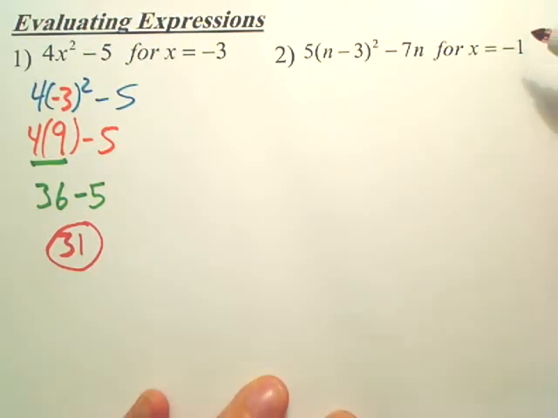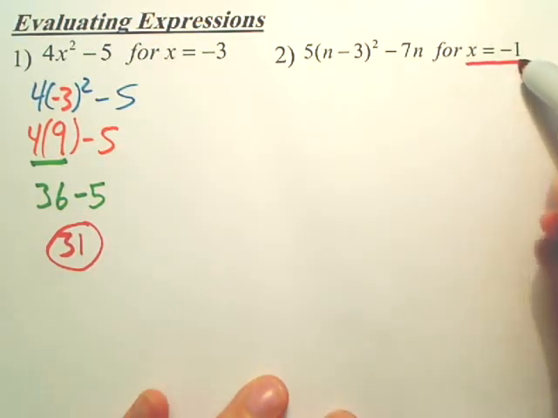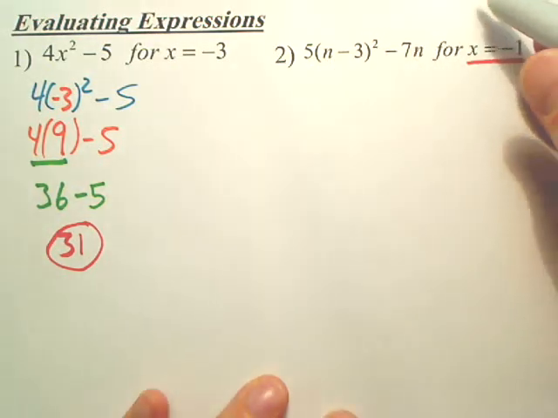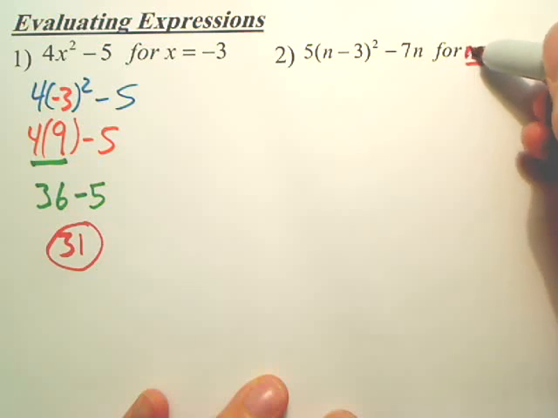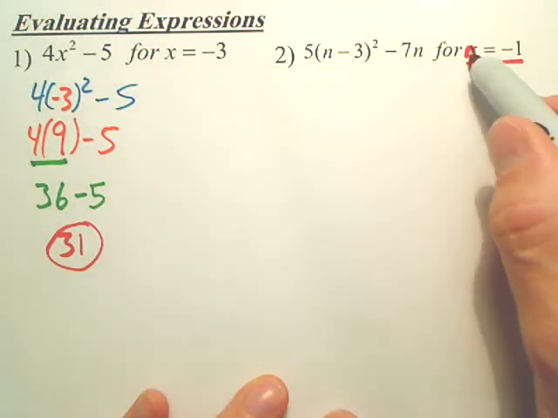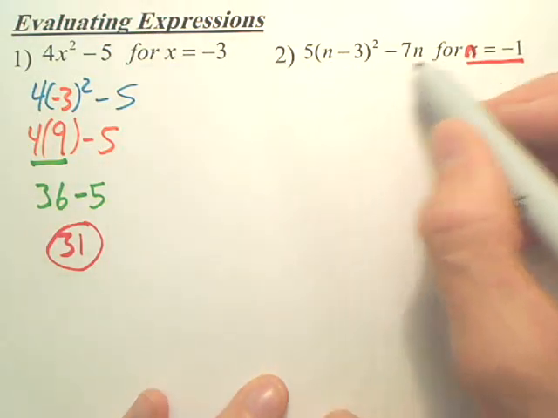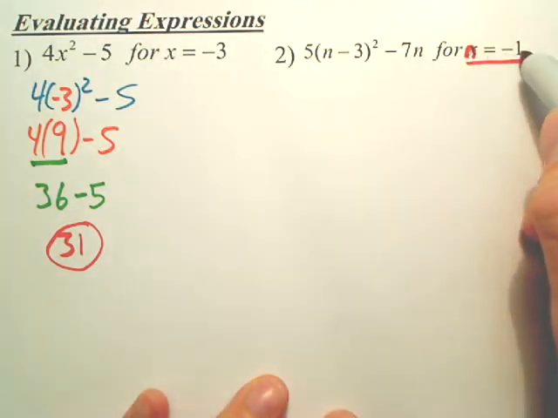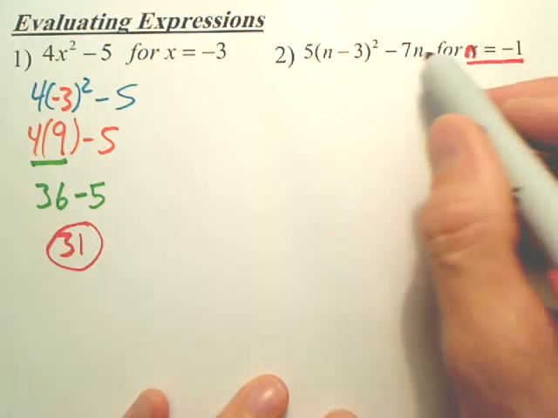So this one, you are going to plug -1 in for... there is no X. Let's change this to an n. That's a good observation. If that was X, you can't plug it in because it's not X. n is -1. So let's plug -1 in for both n's.